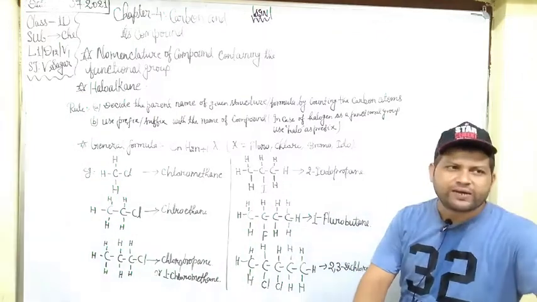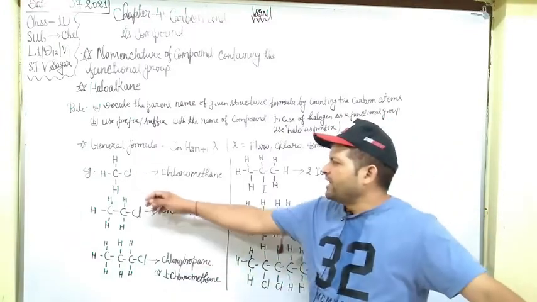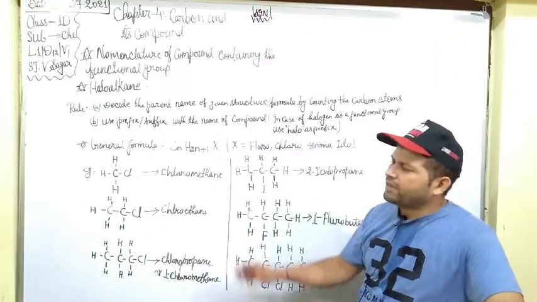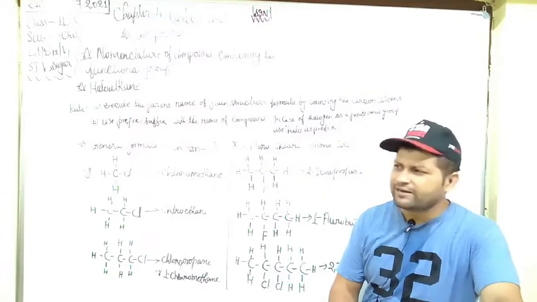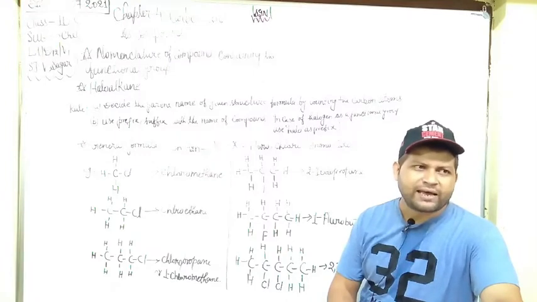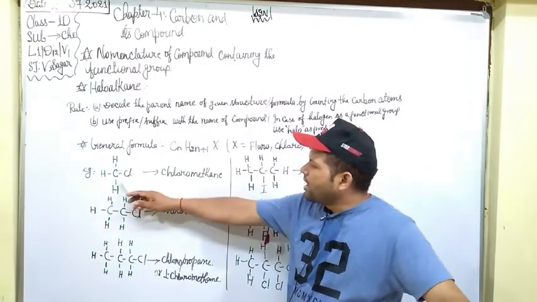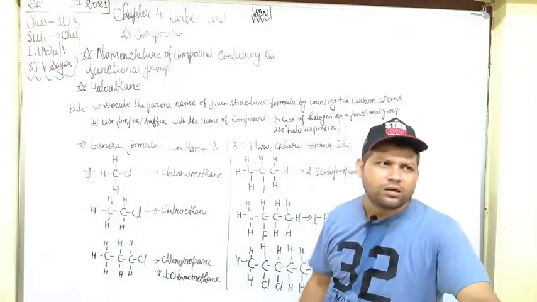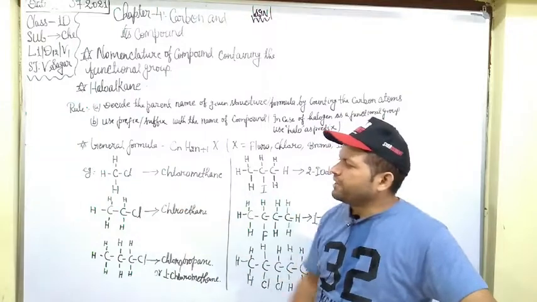Now how can we write the name? Let us see. Here I am going to write the names by using alkanes. First of all we replace a hydrogen atom and add a halogen in place of that hydrogen. I have written here, by replacing one hydrogen, chlorine included.